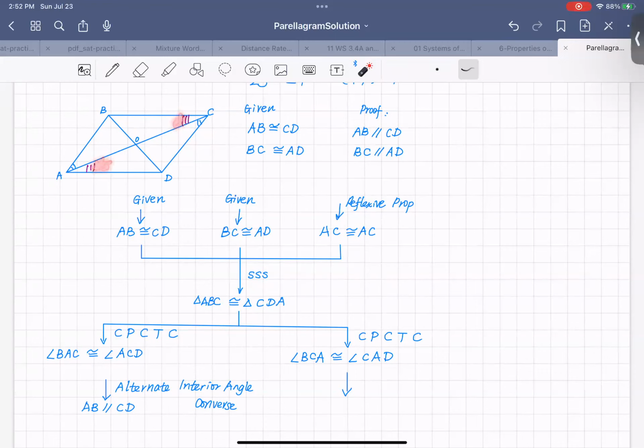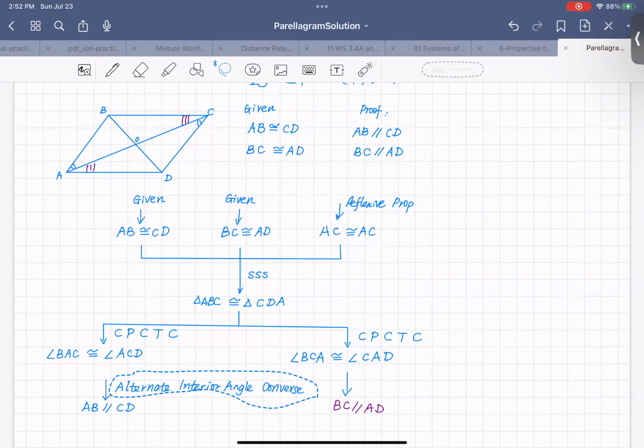A, B, and C, D? No, this is corresponding to this line. You have BC parallel to AD. Look, you have this Z shape. That is this line parallel to this line. You understand? So BC is parallel to AD.